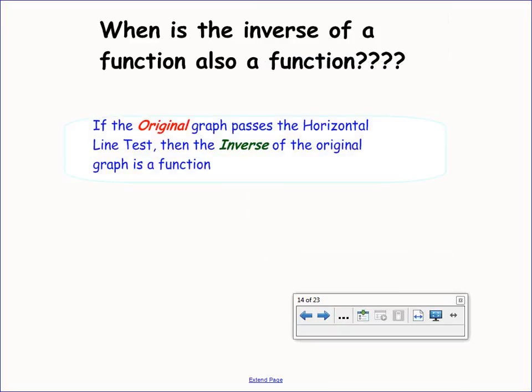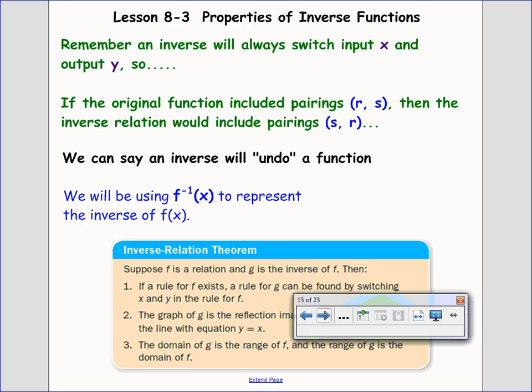But for now, when is the inverse of a function also a function? If the original graph passes the horizontal line test, then the inverse of the original graph is a function. We still use the same old vertical line test to tell whether or not the given relation is a function. But if I want to know if the inverse of the original is a function, I can use the horizontal line test on the original.